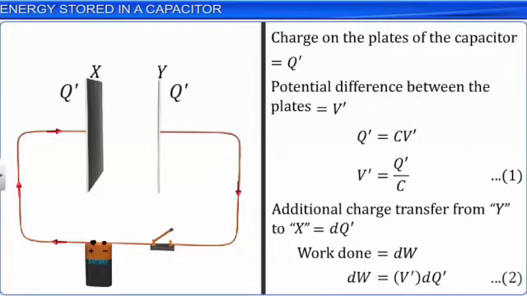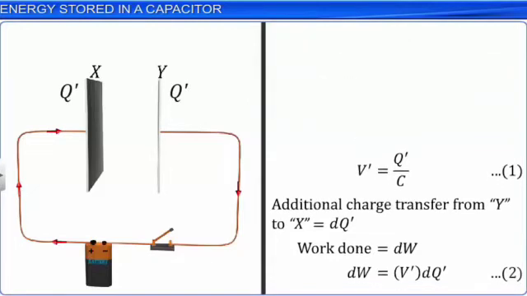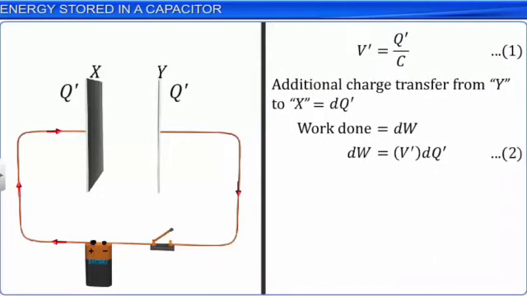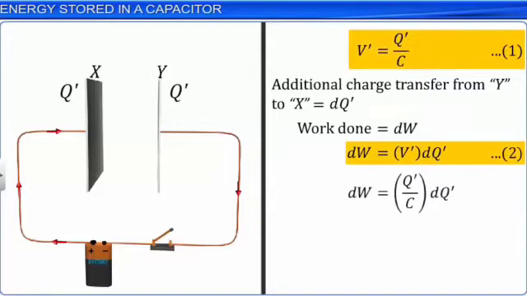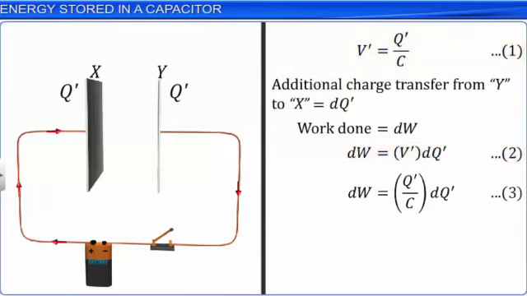Substituting equation 1 in 2, we get dW is equal to Q'/C into dQ'. Let this be equation 3. Now, let us calculate the total work done W to charge the capacitor from 0 to a total charge +Q.